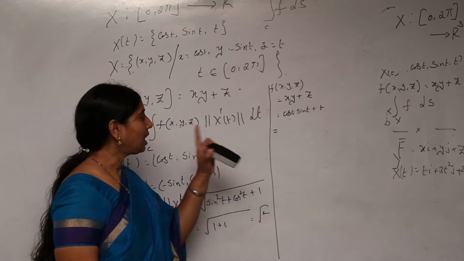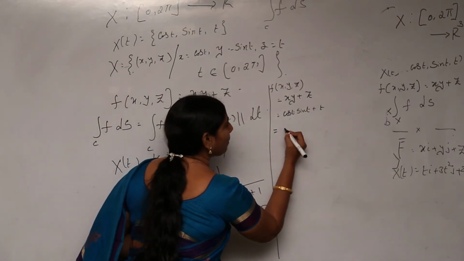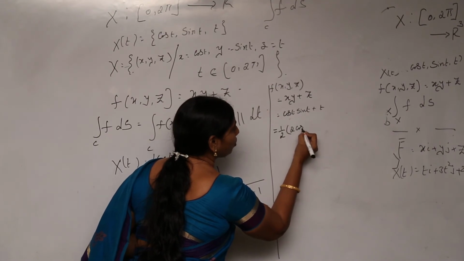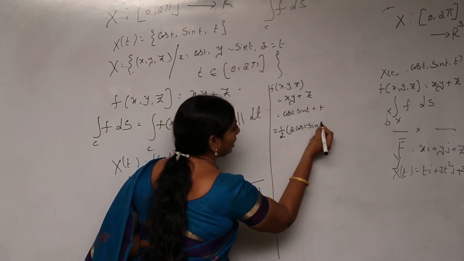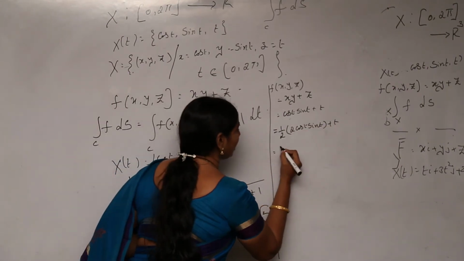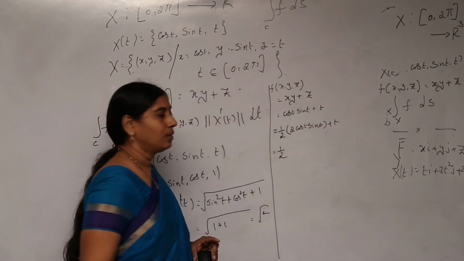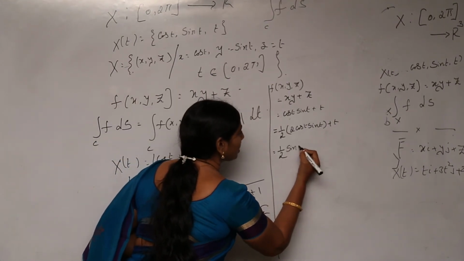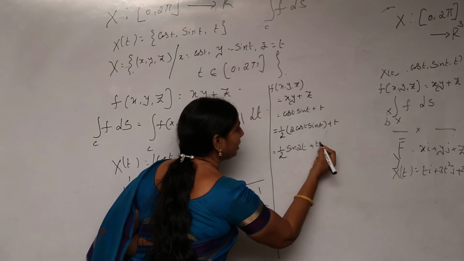To make integration simple, I multiply by 2 and divide by 2, so this is half of 2 cos t sin t plus t, which is half of sin 2t plus t.